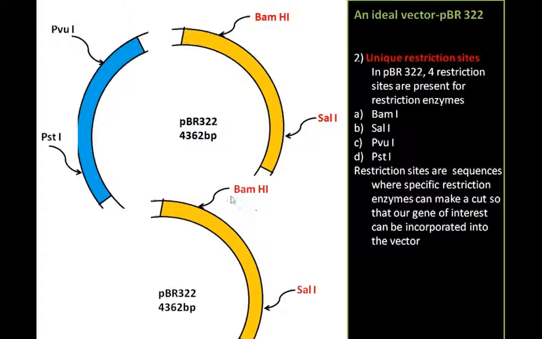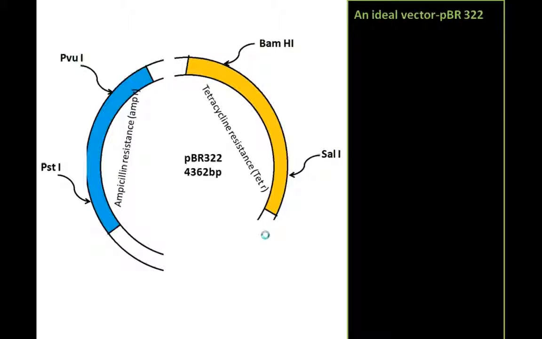Here we are going to introduce our gene of interest into the BamHI restriction site. So we make a cut using the BamHI restriction enzyme, and we introduce our gene of interest there. Restriction sites are sequences where specific restriction enzymes can make a cut so that our gene of interest can be incorporated into the vector.